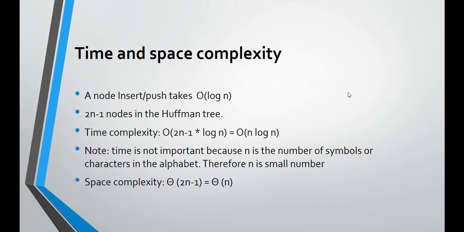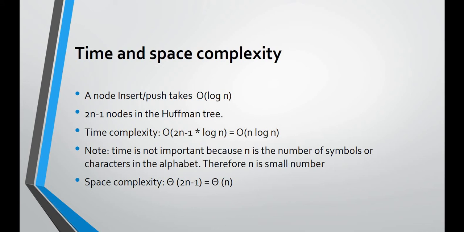Okay, now let's talk about time and space complexity. Like I said at the beginning, a priority queue will be needed to store the characters. We're going to store each character with a node, and a node insertion takes big O log n. There are 2 times n minus 1 nodes in the Huffman tree. Therefore, the time complexity is big O n times log n.